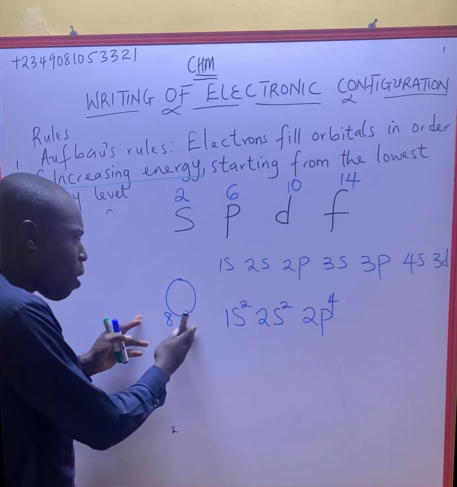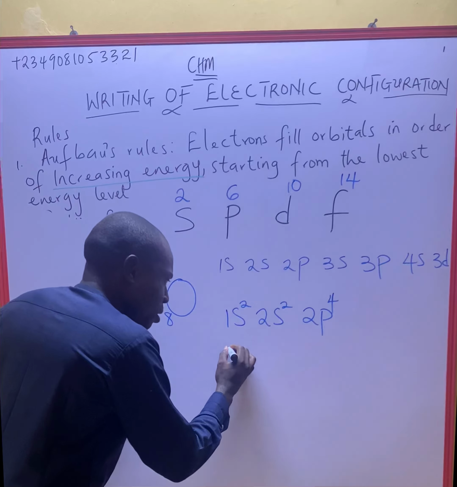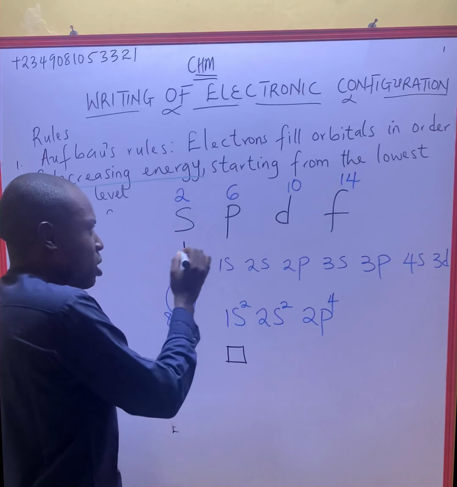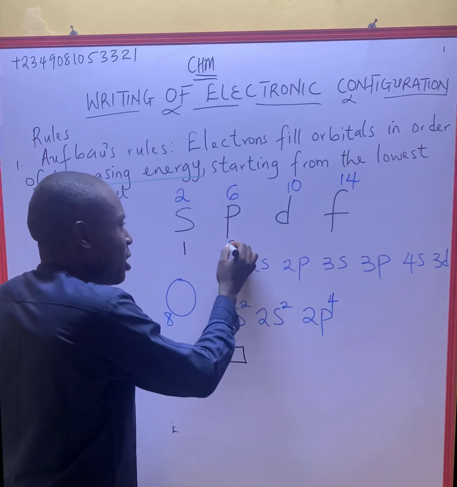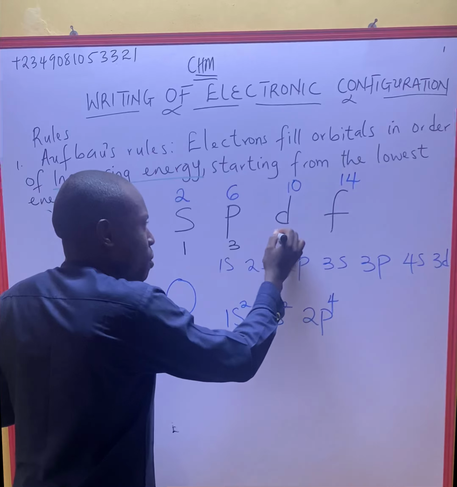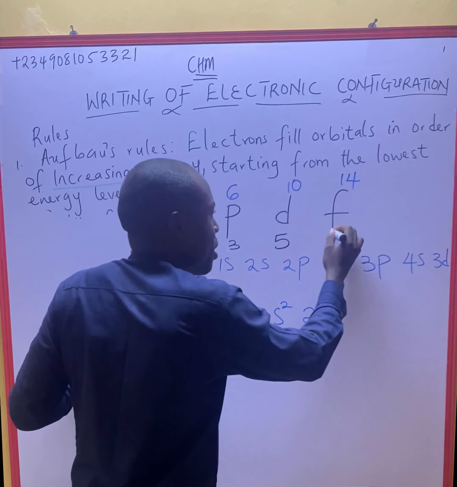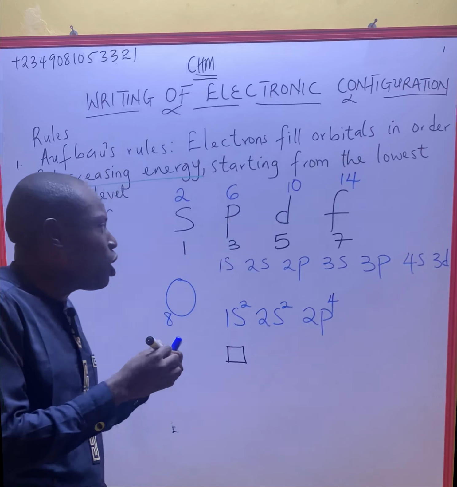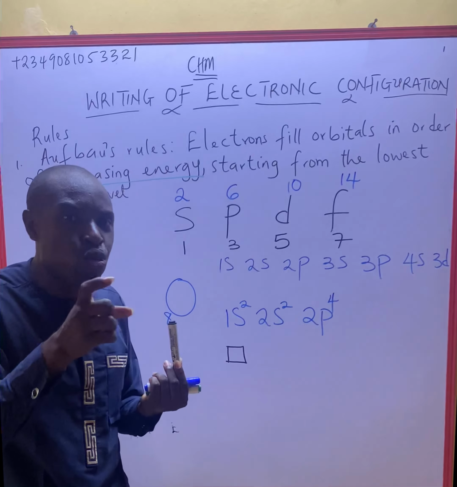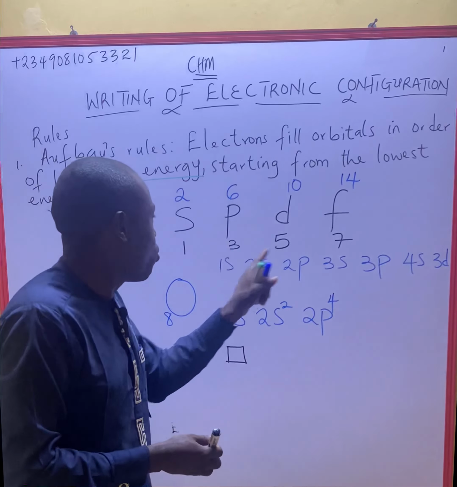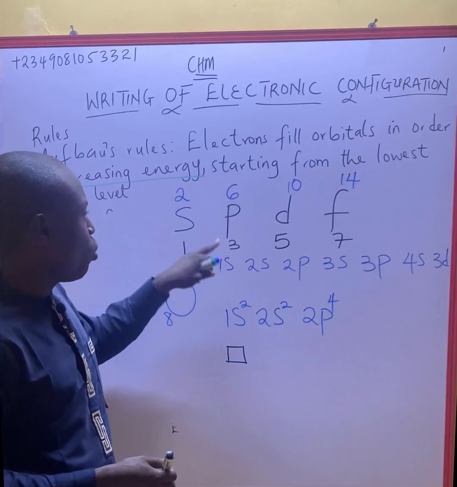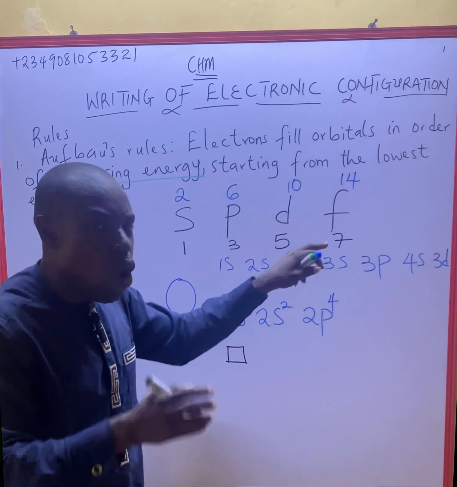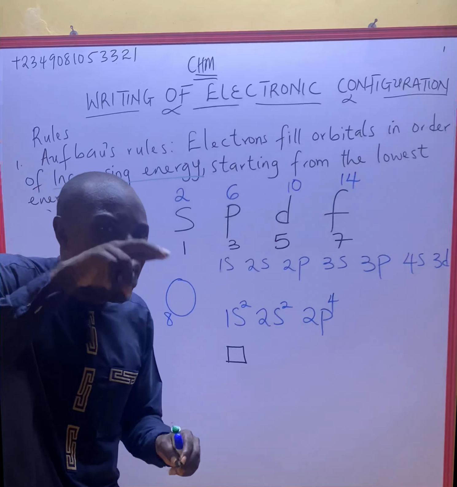For example, s has just one box, p orbital 3 boxes, d 5 boxes, f 7 boxes. It is from this that we know each of these orbitals can carry a maximum of 2, and that is why we multiply all through by 2. 2 times 1 is 2, 2 times 3 is 6, 2 times 5 is 10, 2 times 7 is 14, meaning only 2 electrons can go into each of these orbitals.